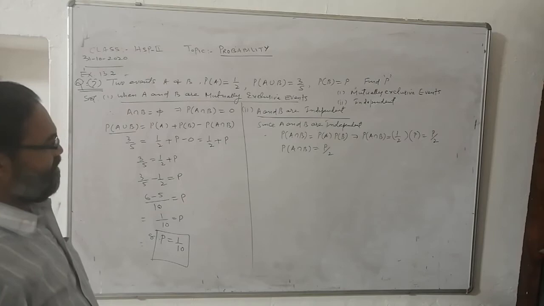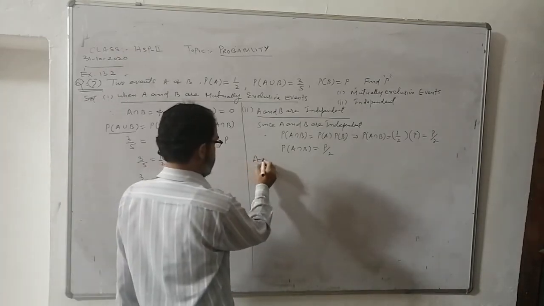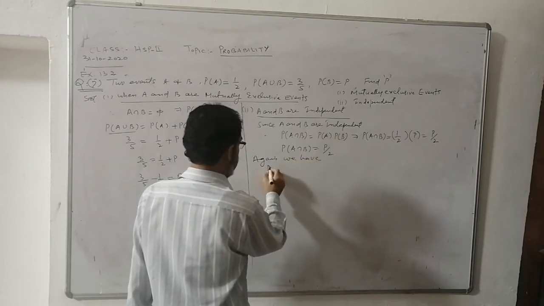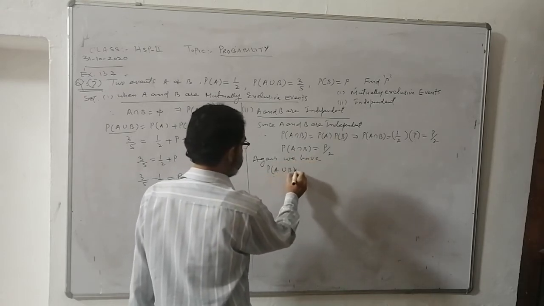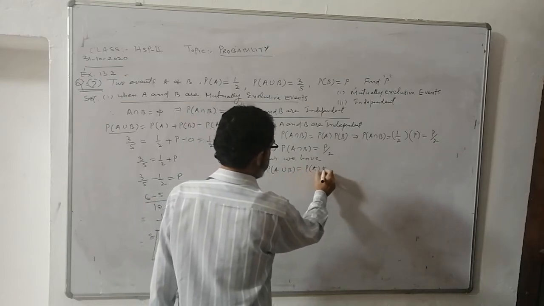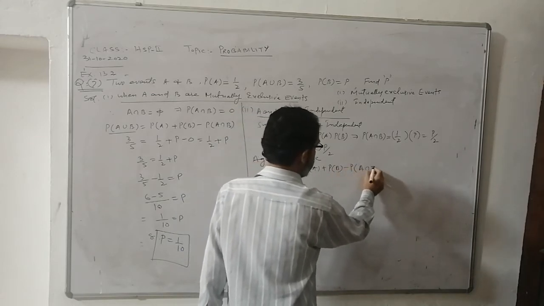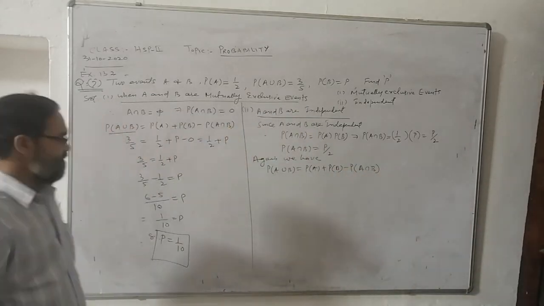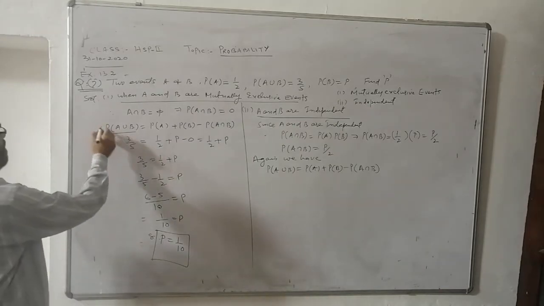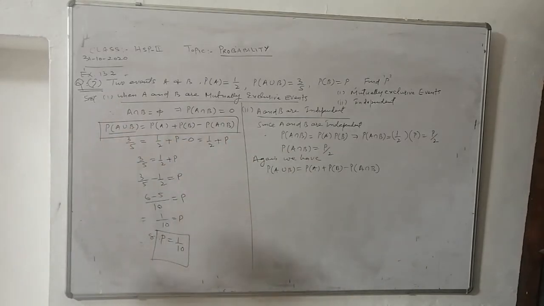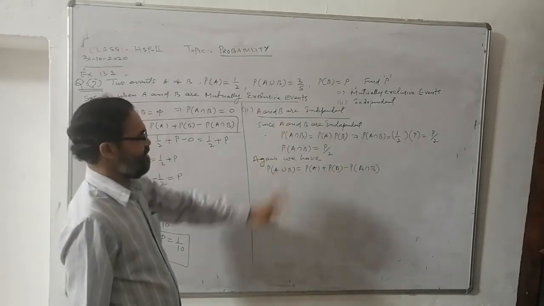Now I have to find the value of P. Again the same result: probability of A union B is probability of A plus probability of B minus probability of A intersection B. The same formula which was used in part first. The only difference is that earlier events A and B were mutually exclusive, and in this case A and B are independent.